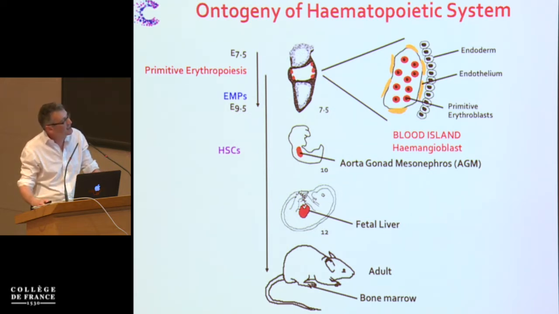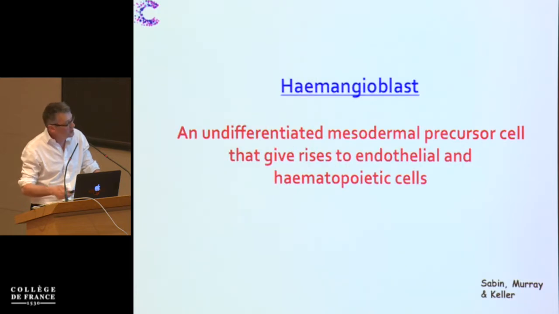And this has led to the hypothesis that these cells are generated by a common precursor, which has been named a hemangioblast. This was postulated more than 100 years ago based on histological observation, and we can define the hemangioblast as a non-differentiated mesodermal precursor that can give rise to endothelial and hematopoietic precursors.